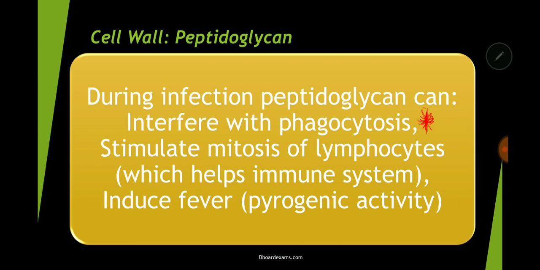However, when the host sees that cell wall, it also induces the production of more lymphocytes, more immune cells. This is critical in terms of vaccination. So you can take out the contents of bacteria and have that cell wall and still cause the vaccine effect in the host.